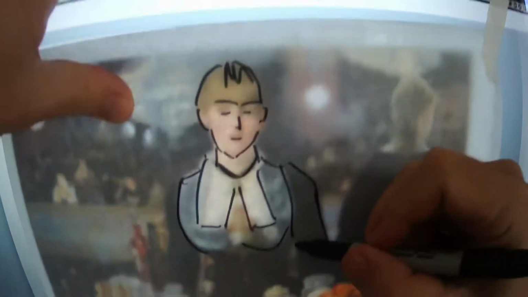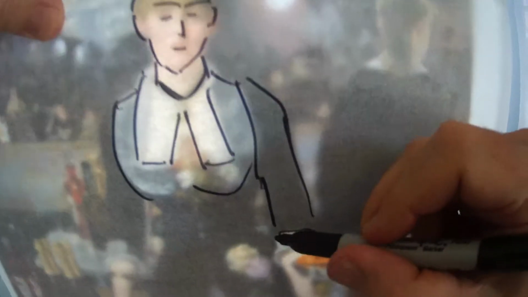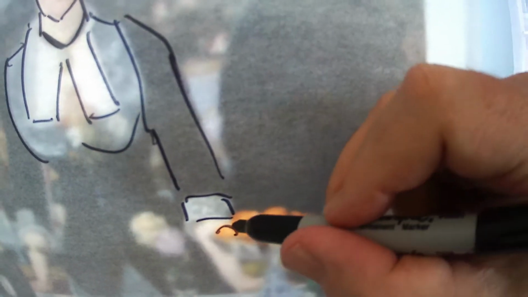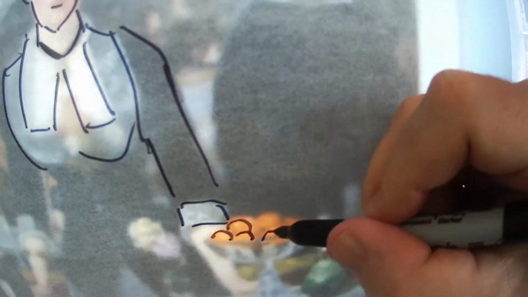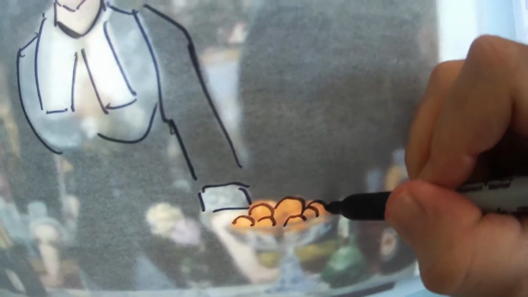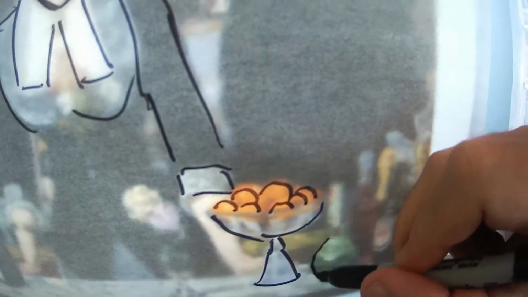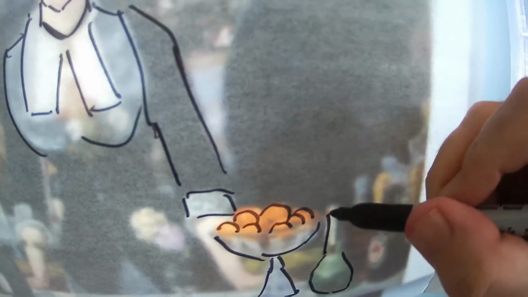Okay. Like her arms here. I'll go down here in the detail of like the oranges. They're in the bowl, like that. The bowl itself. This bottle here.